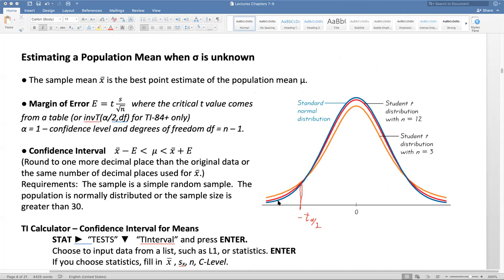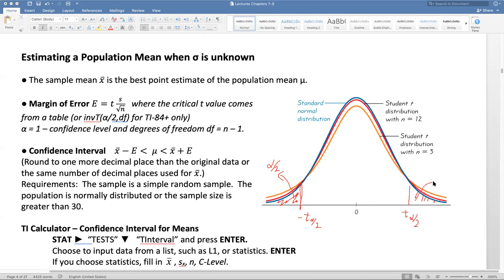The area under the graph of the t distribution from negative infinity to negative t alpha over 2 is alpha over 2. And then on the right tail, this is t alpha over 2.